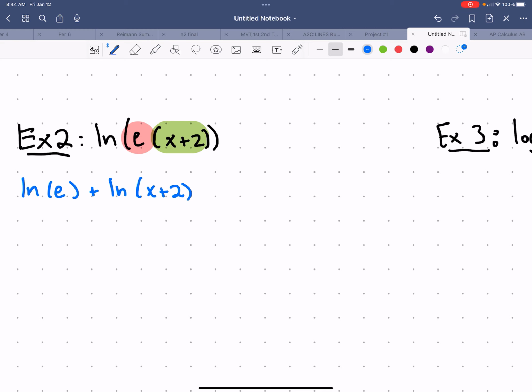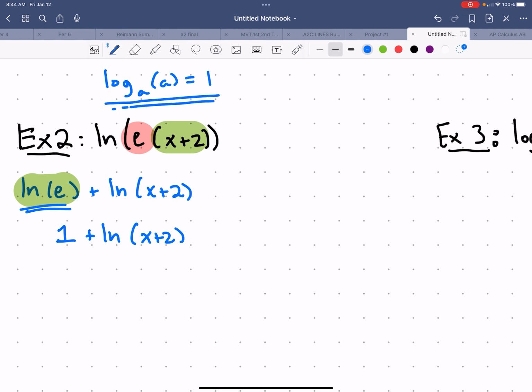And you would think we're done, but you should remember this: any log base a of a is equal to 1. So ln is the natural log or log base e. So ln of e is always 1. So you're going to have 1 plus ln of x plus 2. This we learned last semester, which is why I didn't write the rule, which is why this is our answer.